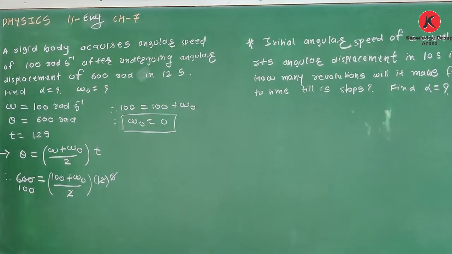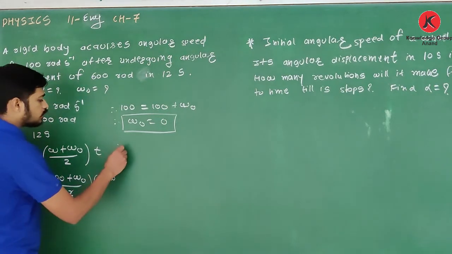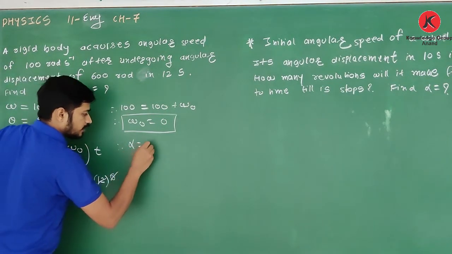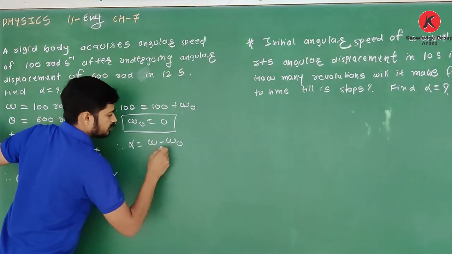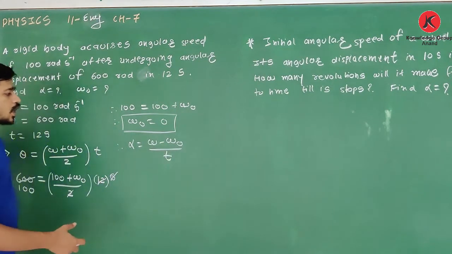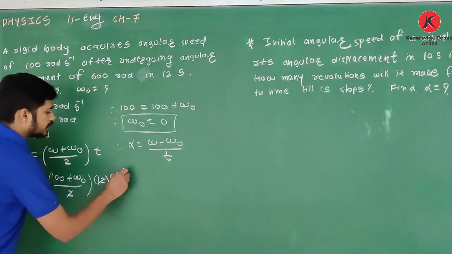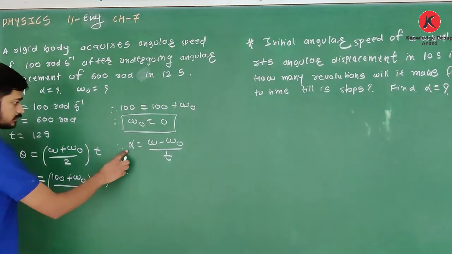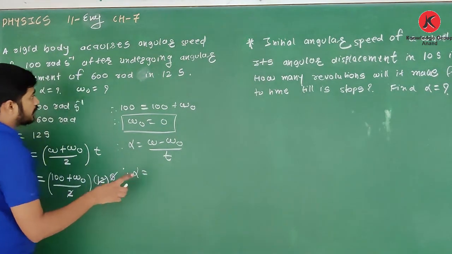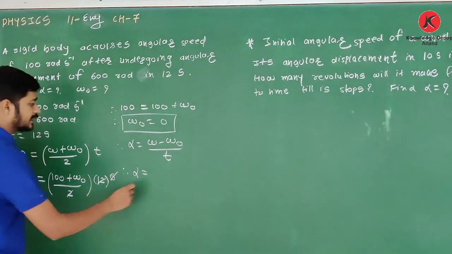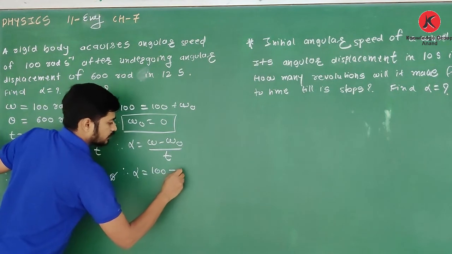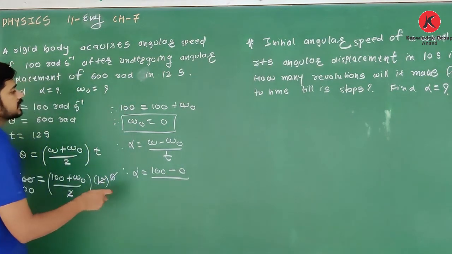Now second question, you have to find alpha. How to find alpha? Alpha is equal to (omega minus omega 0) upon t. Here omega is 100, minus omega 0 that is 0, and t is 12.